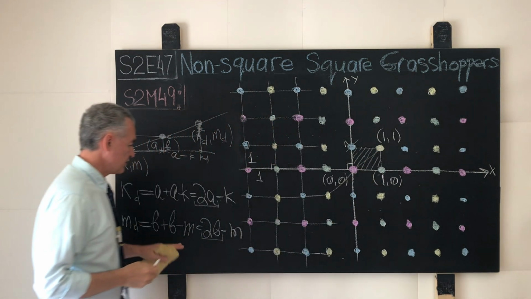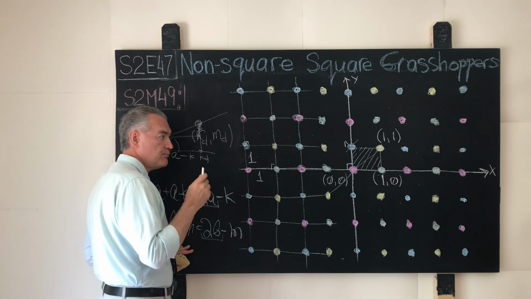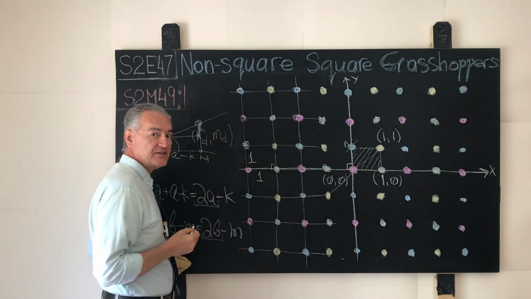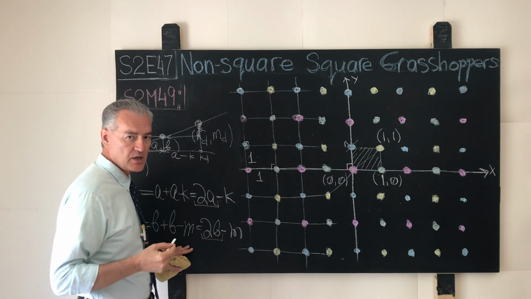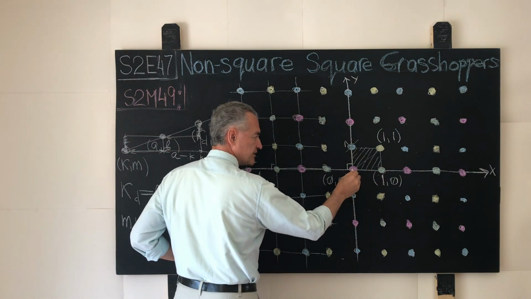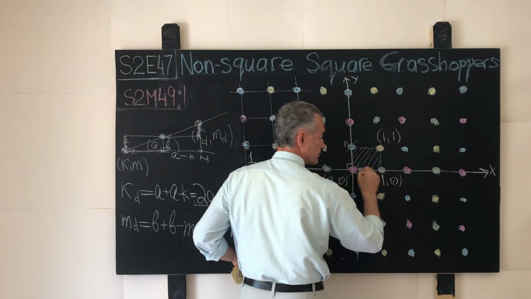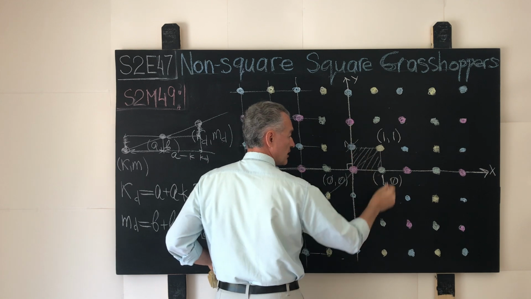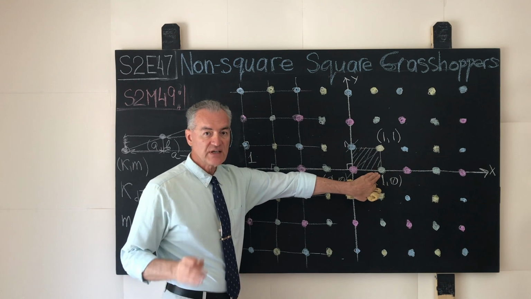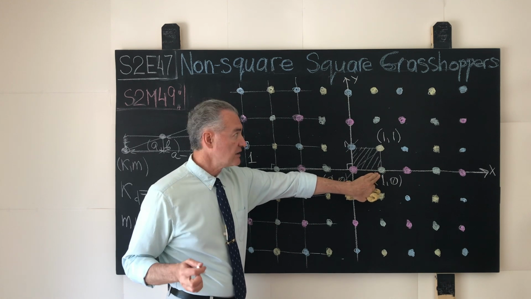So what does this observation tell us? It tells us that the only points in which any specifically colored grasshopper can find itself whenever it executes any legal jump must be one and the same. That means that if a red grasshopper begins hopping from a red point, it can only land in red points. Likewise, a green grasshopper that initially sits at the green point, whenever it executes any legal jump, can land only in a point that is green in color.